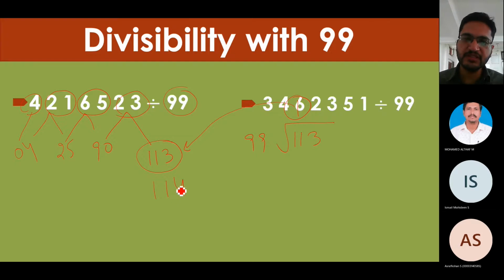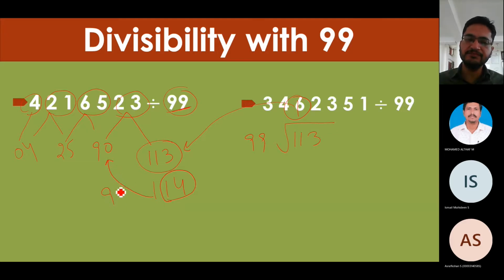Now I will apply the balancing rule. While applying the balancing rule, because here we have a two-digit number, we will consider these two digits as the remainder and I will add just one to the number.